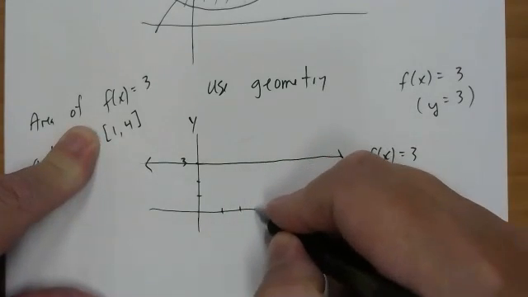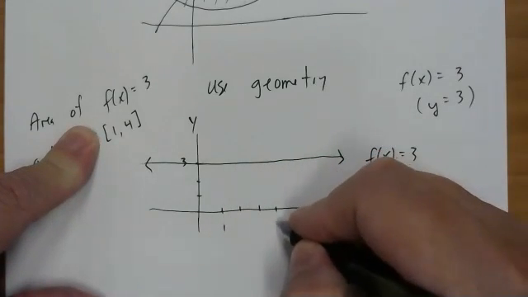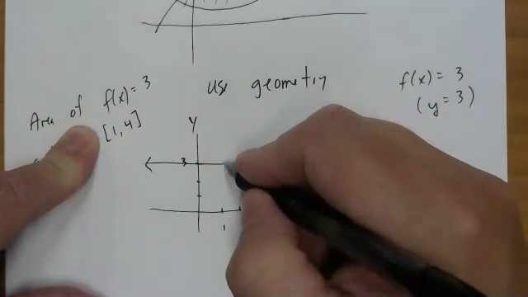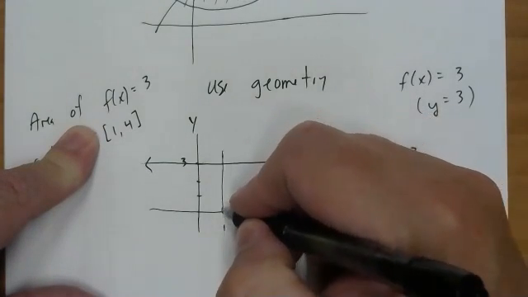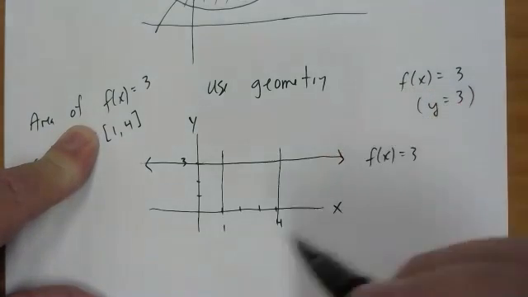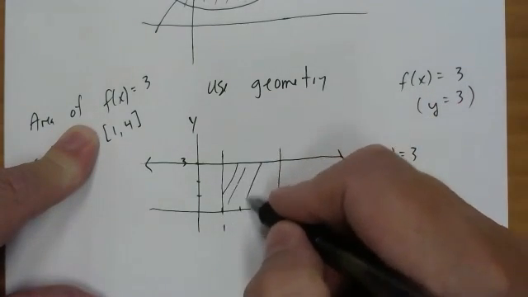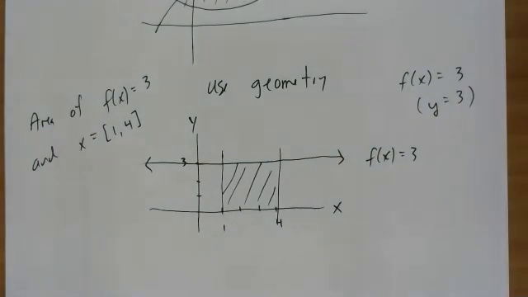So here's 1 and here's 4. So we're looking at this right here. Of course, what is that? That's, I guess in this case, it's a square. It could have been a rectangle. Turns out it's a square.